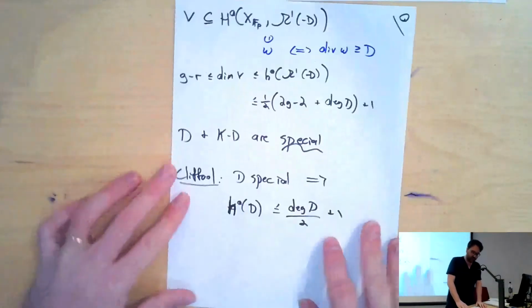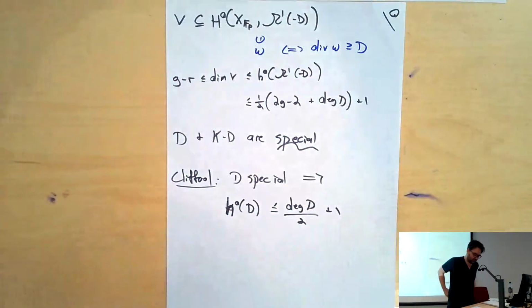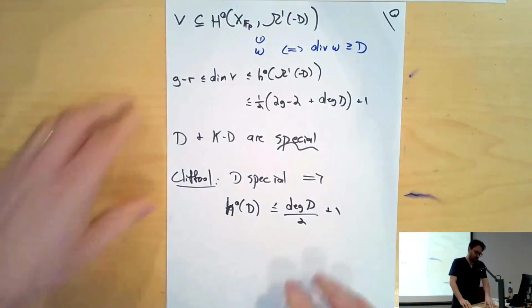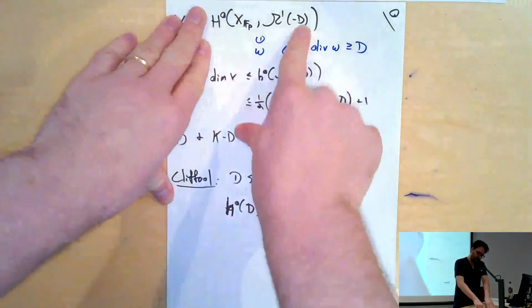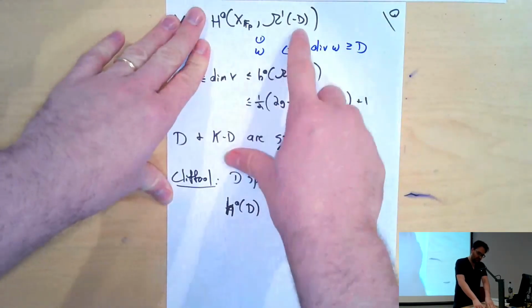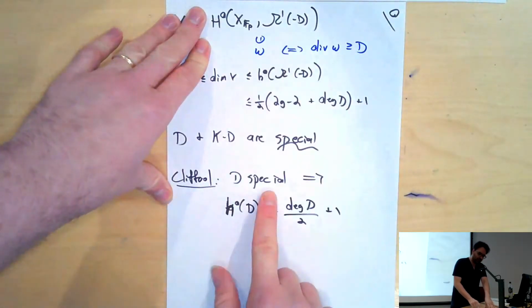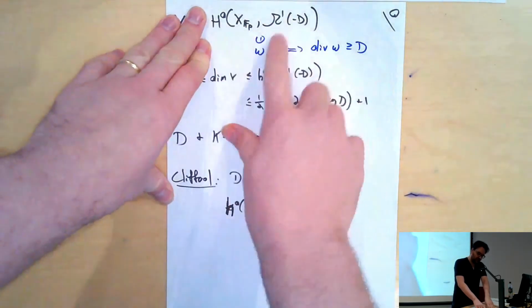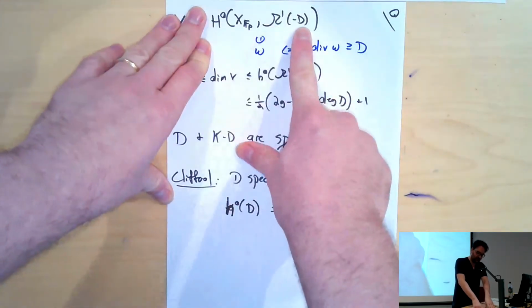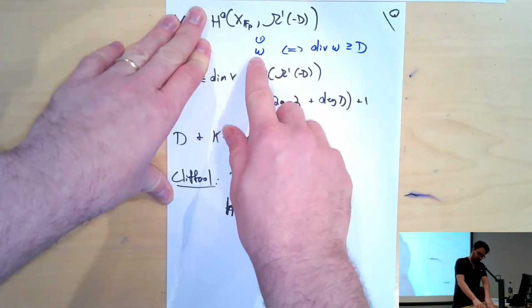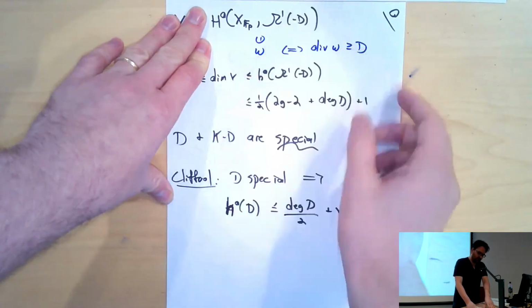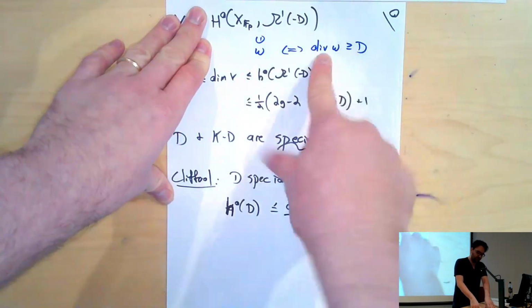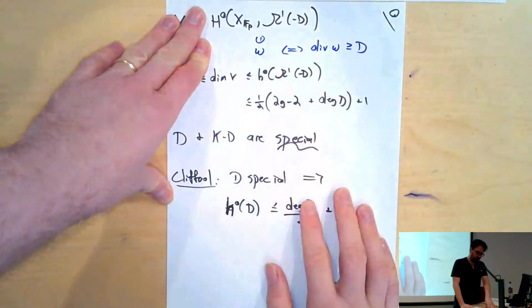And instead of Riemann-Roch, we get to use a different kind of global theorem from the geometry of curves, which is Clifford. So what Stoll shows, so this is the same D, and the claim is that this D is special. This H^0 of omega twisted by minus D, a section of this is the same as a holomorphic differential, but where D appears as part of the support of div of omega.